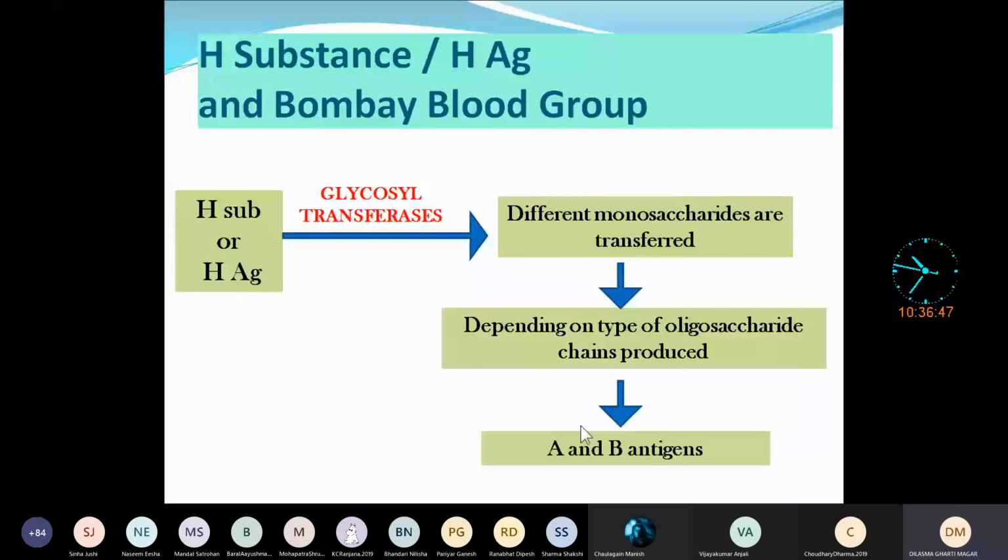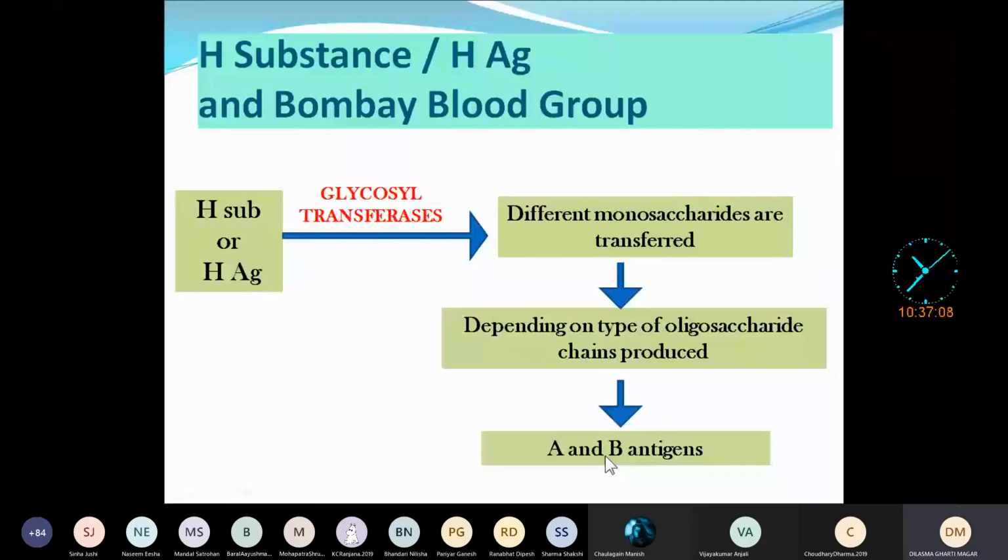So it becomes blood group A or blood group B. If A is produced, it becomes A blood group. If B is produced, it becomes B blood group, and if both are produced, it becomes the AB blood group, and if none is produced at all, then it becomes the O blood group, isn't it so?